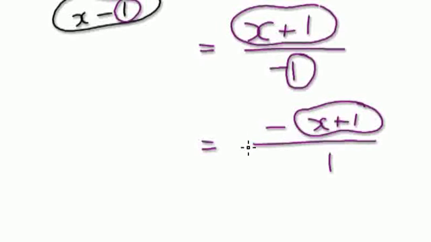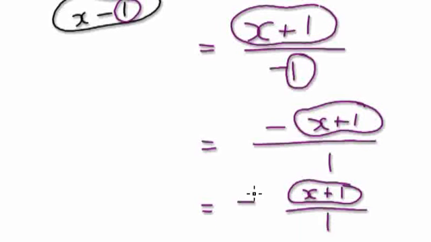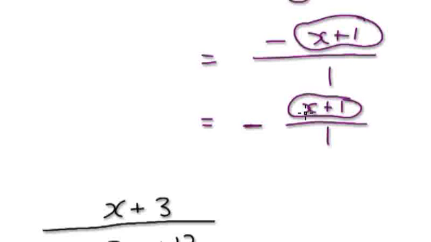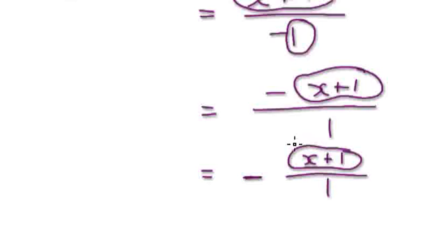Well, let's take the minus out here. There are lots of ways of doing this. You're actually taking the minus out here. Now you've got a bubble here divided by 1.